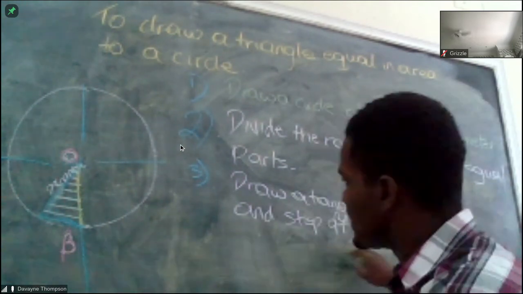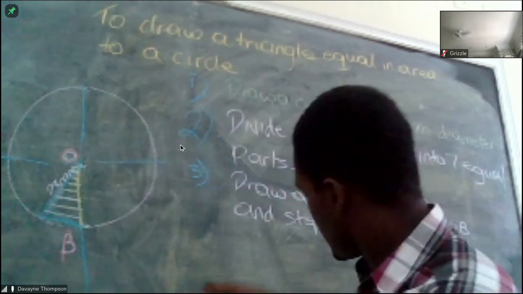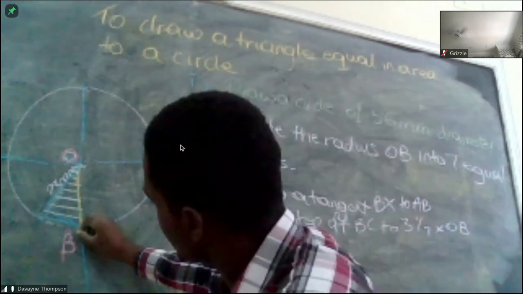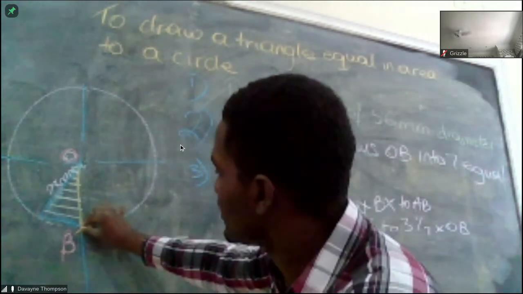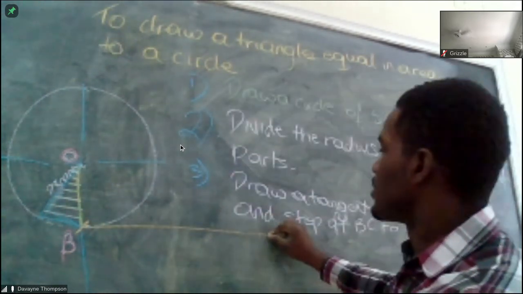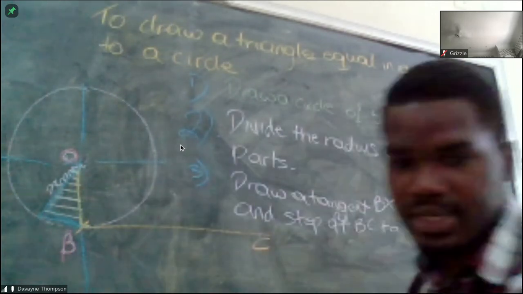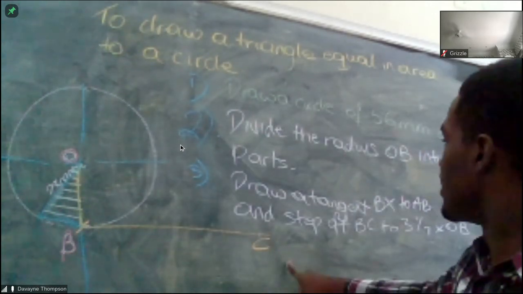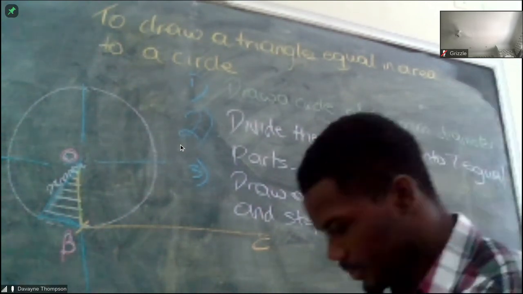You're going to find the line BC. So, from this point B right here, we're going to draw a horizontal line to find C, but to find C, that comes from a formula of 3 1/7 times OB.